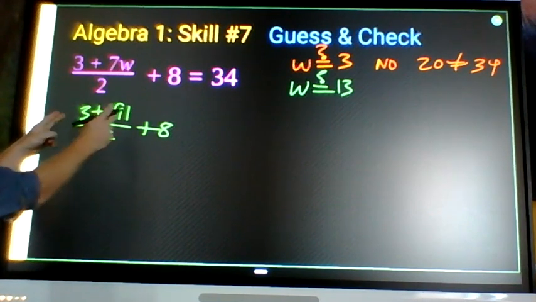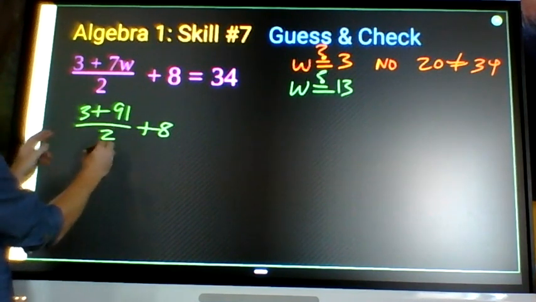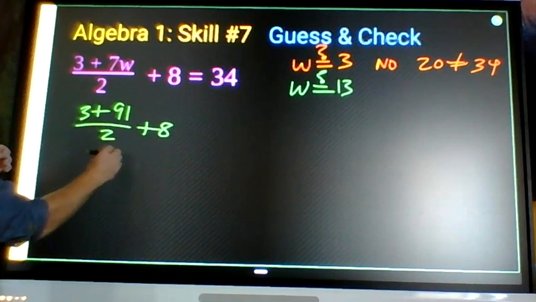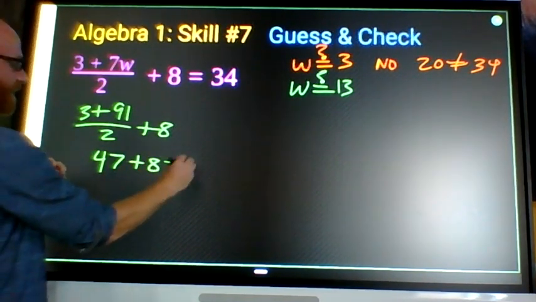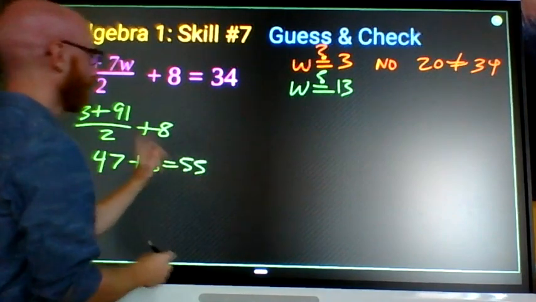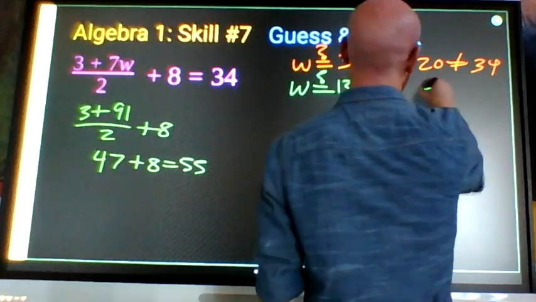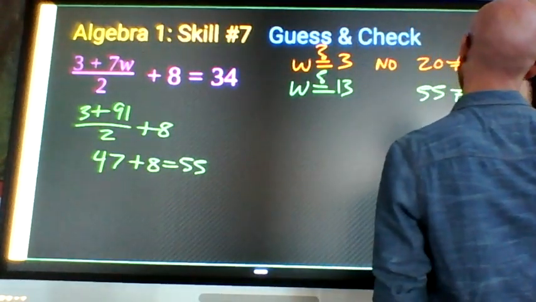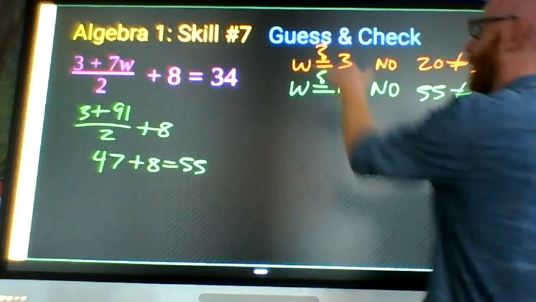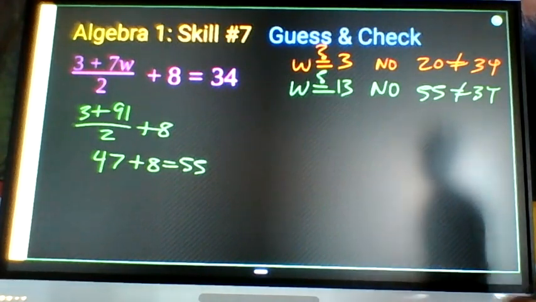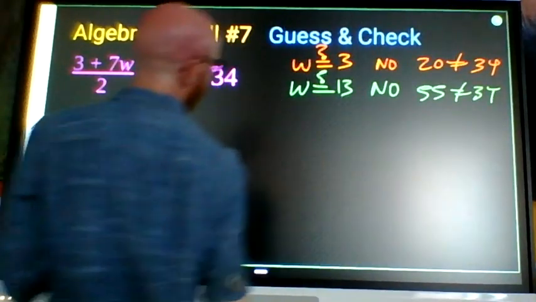That is 94 on 2. 94 on 2 is going to be 47 plus 8 is 55. All right, 55 doesn't equal 34, and this time I'm too big. All right, so I know that my answer is between 3 and 13.